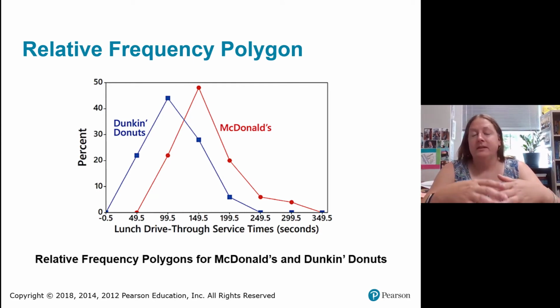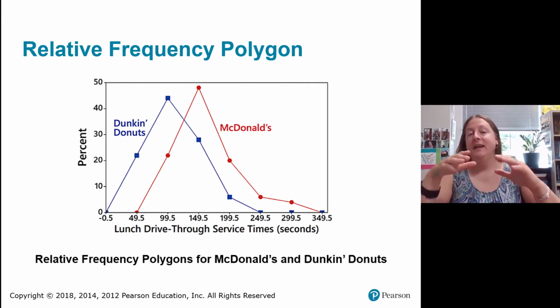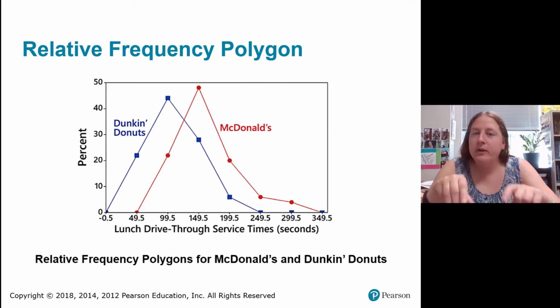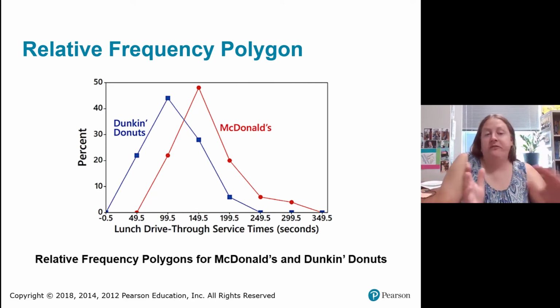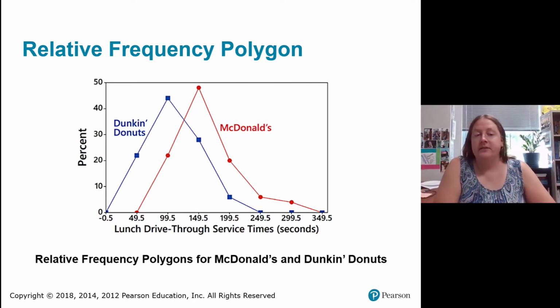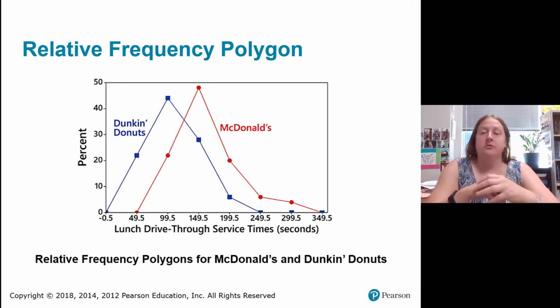We can put both of these on the same horizontal axis, and we can see, the same way we could when we had the relative frequency distributions sitting side by side, how much further to the left Dunkin' Donuts falls than McDonald's. So we can see how much faster Dunkin' Donuts is than McDonald's in their lunch service times.